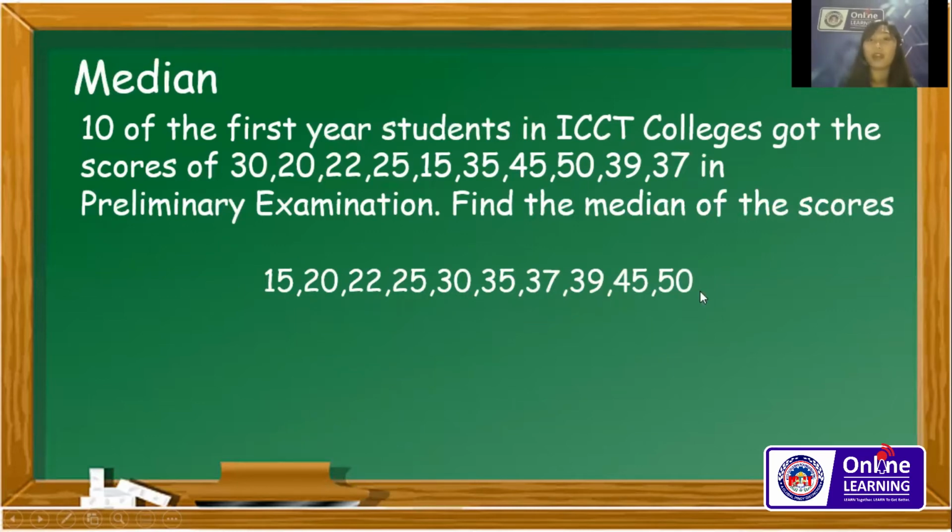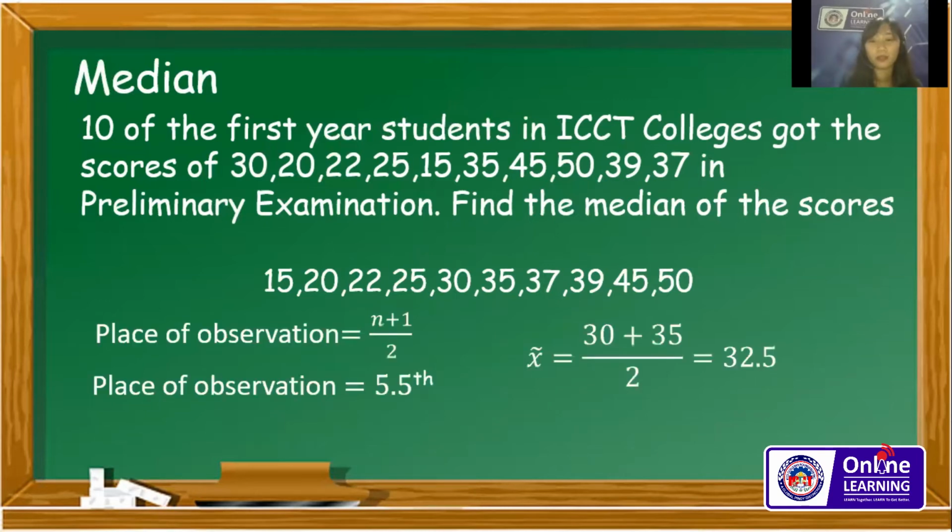And then after that, since the number of data is even, we get the two middle, which are 30 and 35, and then get the average. By adding the two middle, 30 plus 35 is equal to 65, and then divide it by 2. So that is equal to 32.5. So the median is 32.5.